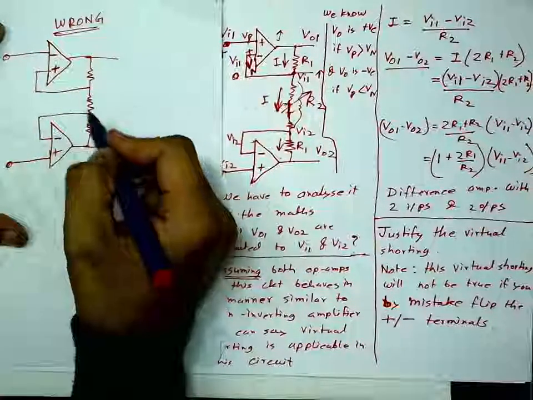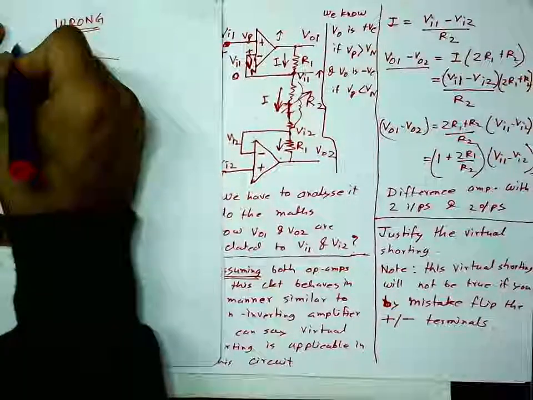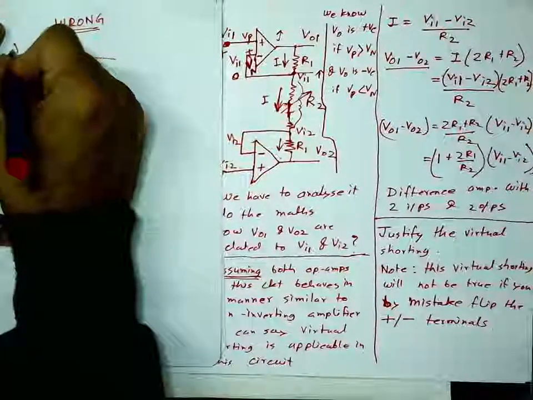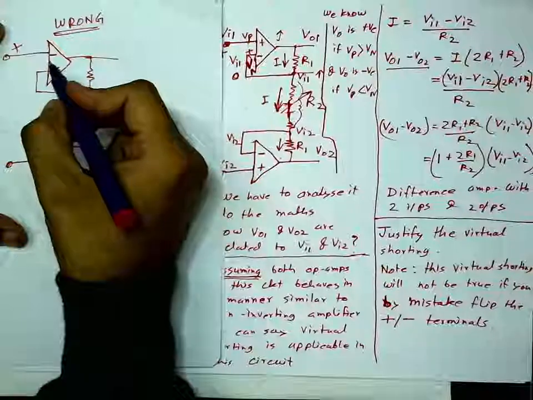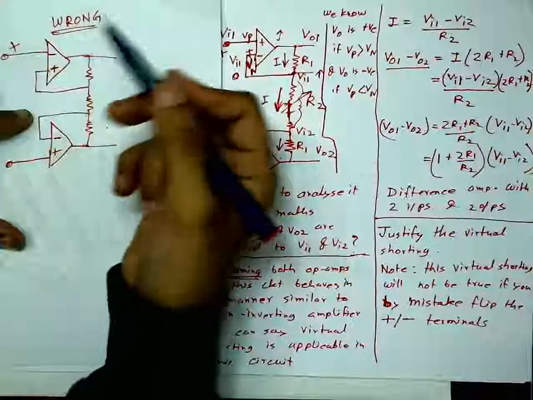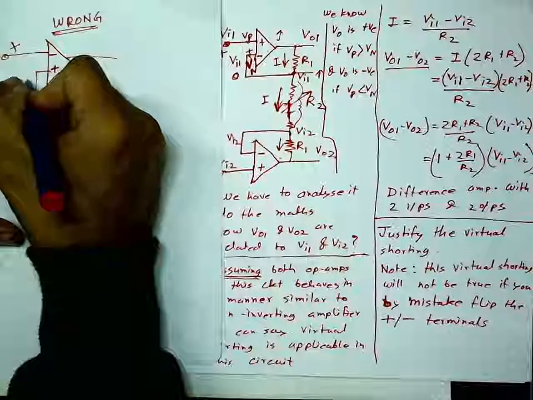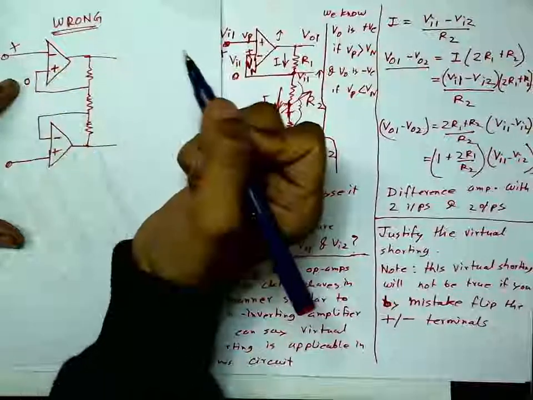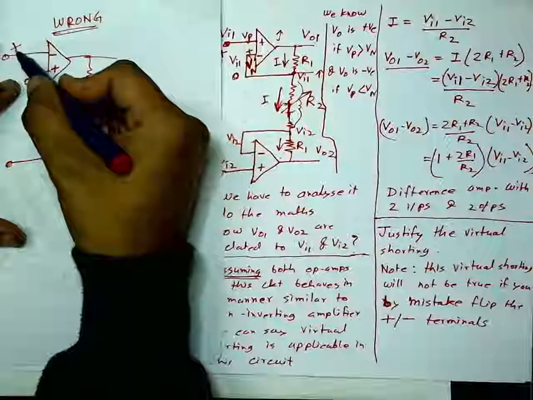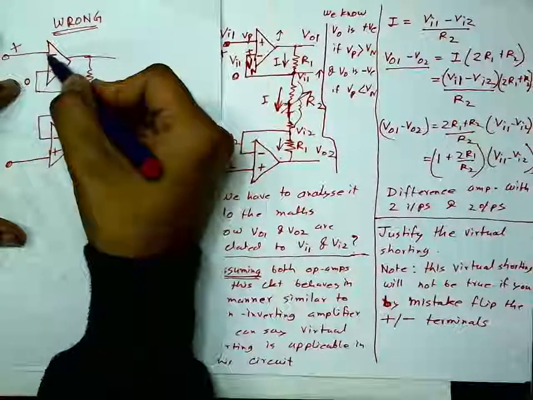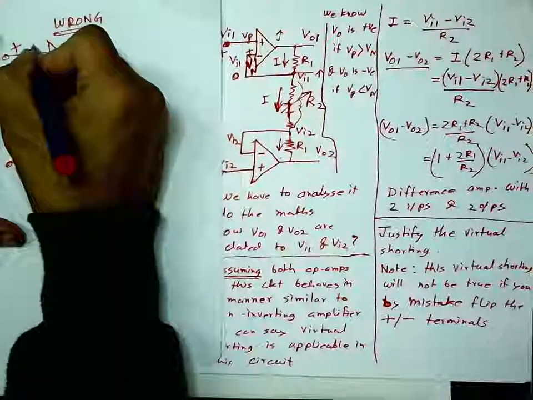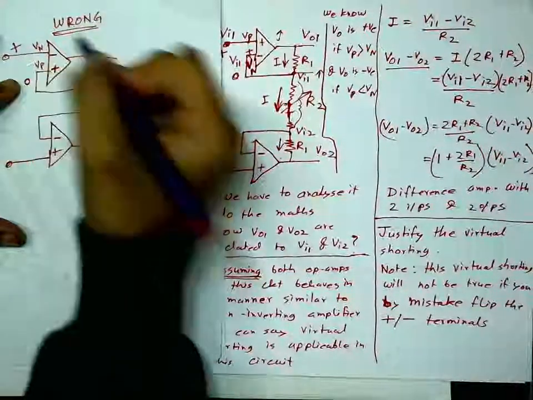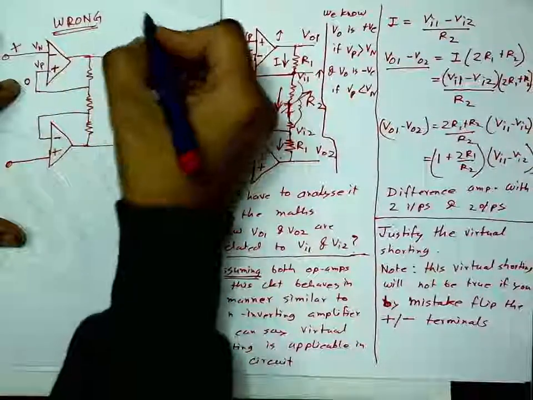What will happen in this case? Suppose you apply a positive voltage here. You start your thought assuming that initially this was at 0. Now this is plus, this is Vn, and this is Vp. Now what happens?